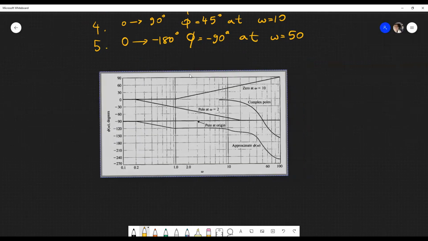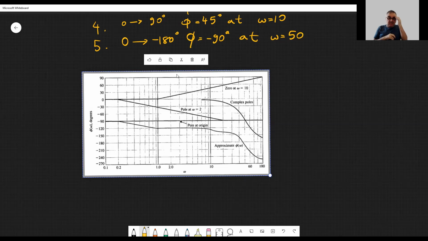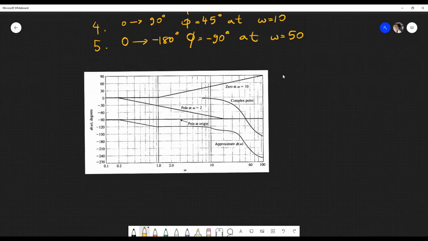So these angles are for the assumed plot that we made with the asymptotes. The phase angles that we have here are for the asymptotic curves. Hocam, could you show in the graph what these angles are for?